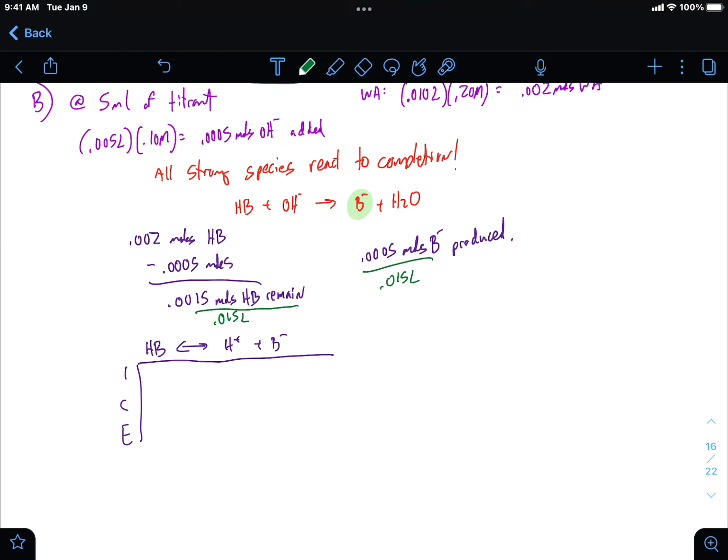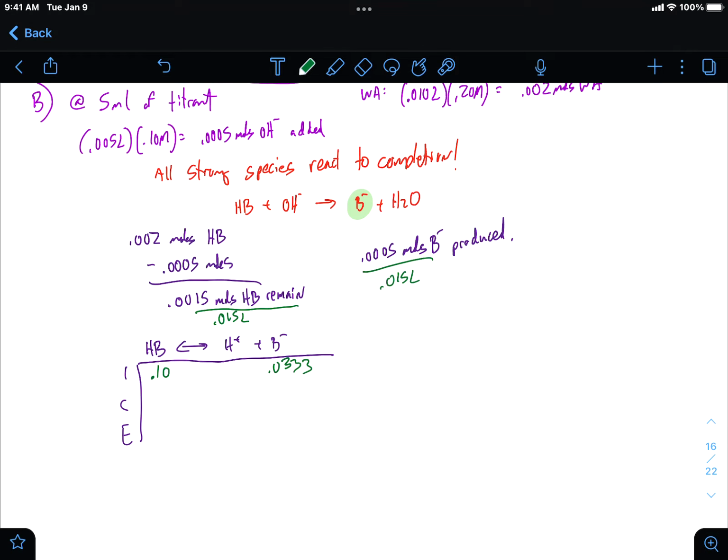Of course, this is going to be 1/10. And then 0.0005 divided by 0.015, so this is going to be 0.0333.